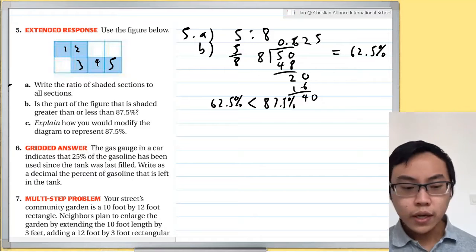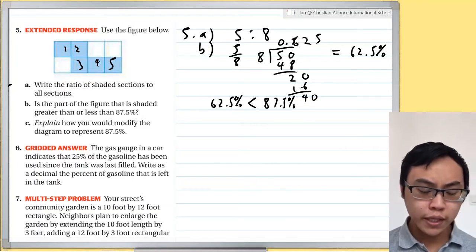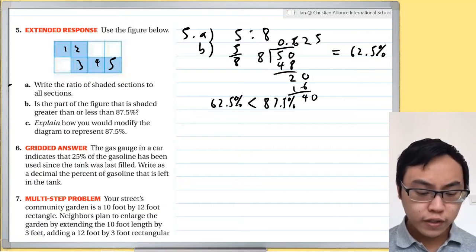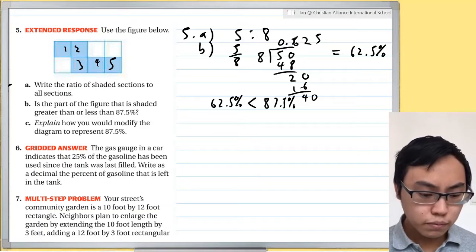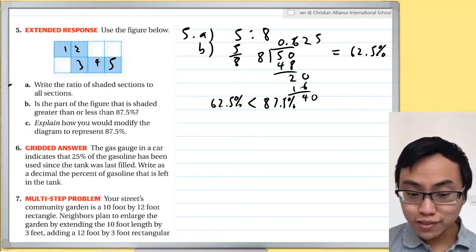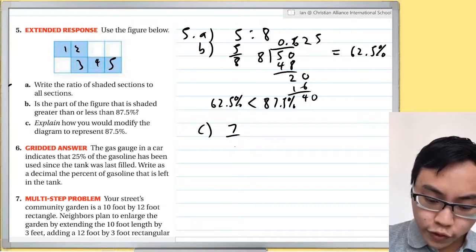That's way less. So in order for us to modify the diagram to represent 87.5%, let's shade 7 out of the 8 squares, I guess. So for C, if we shade 7 of them, that's 7 over 8.